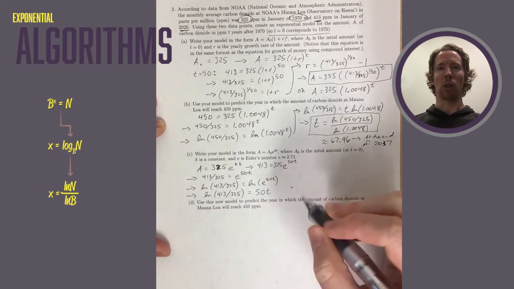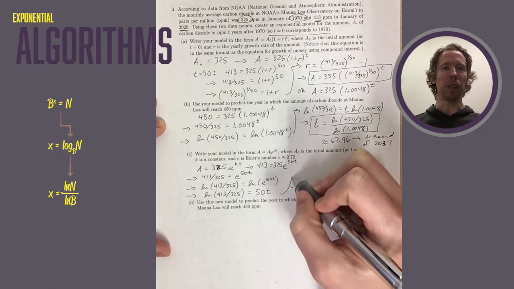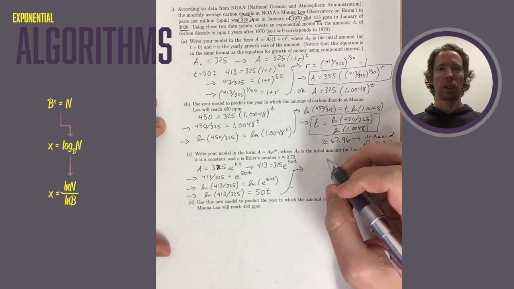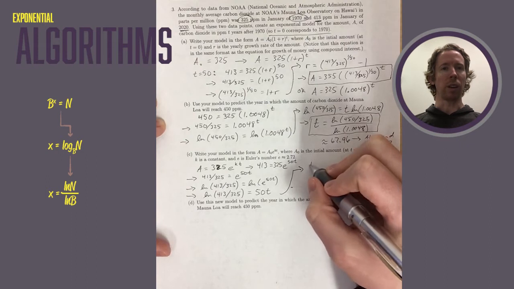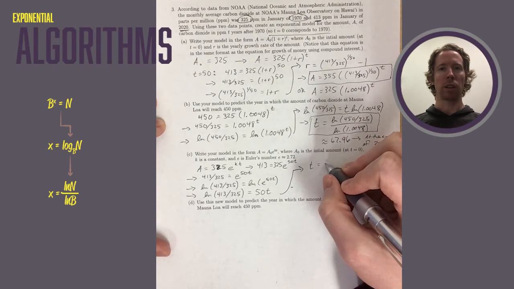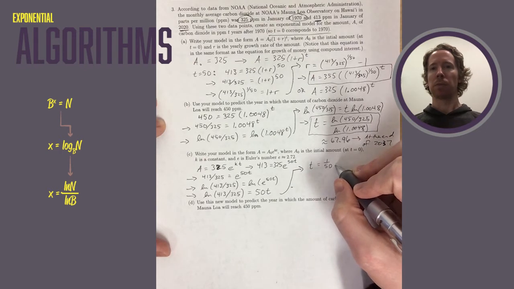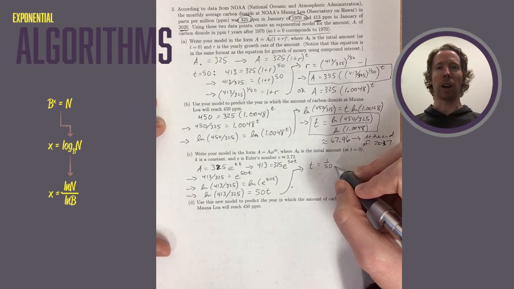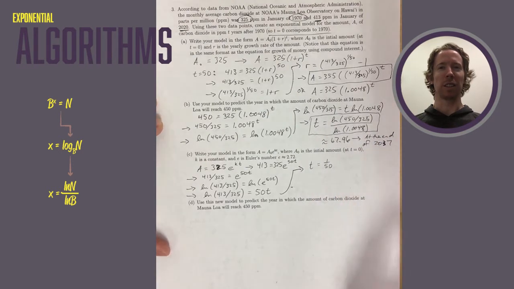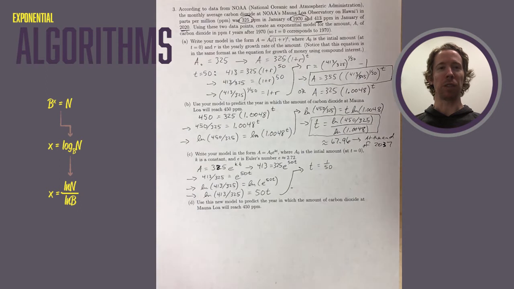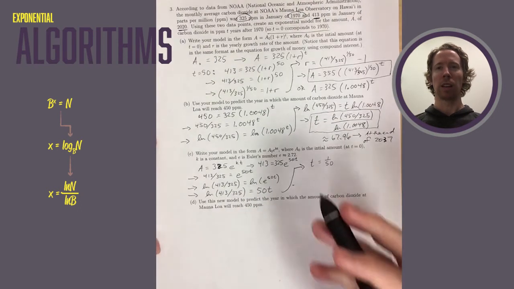We know the natural log of e to the 50k would be 50k. Or if you want to see it this way, natural log of e is 1. So either way, we get the same equation. And then right around here is where I'm figuring out that I plugged in 50 for k instead of t.